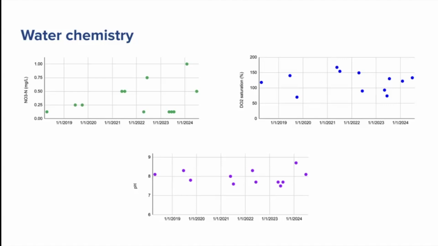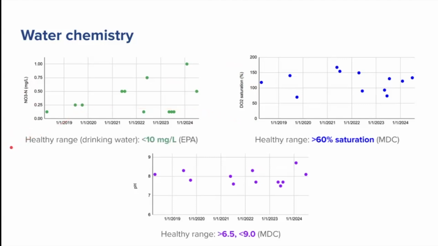So here's the water chemistry. These are three things I selected, 3 tests that are regularly conducted here and also have clear guidelines as to what is healthy and unhealthy. So we have nitrate, dissolved oxygen saturation, which is a percentage, and pH. And so we have the healthy ranges.